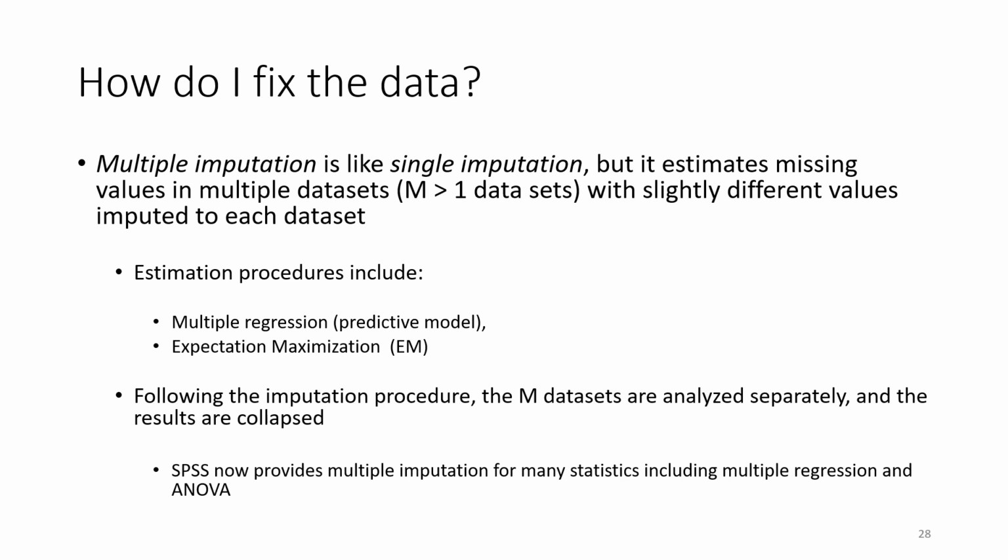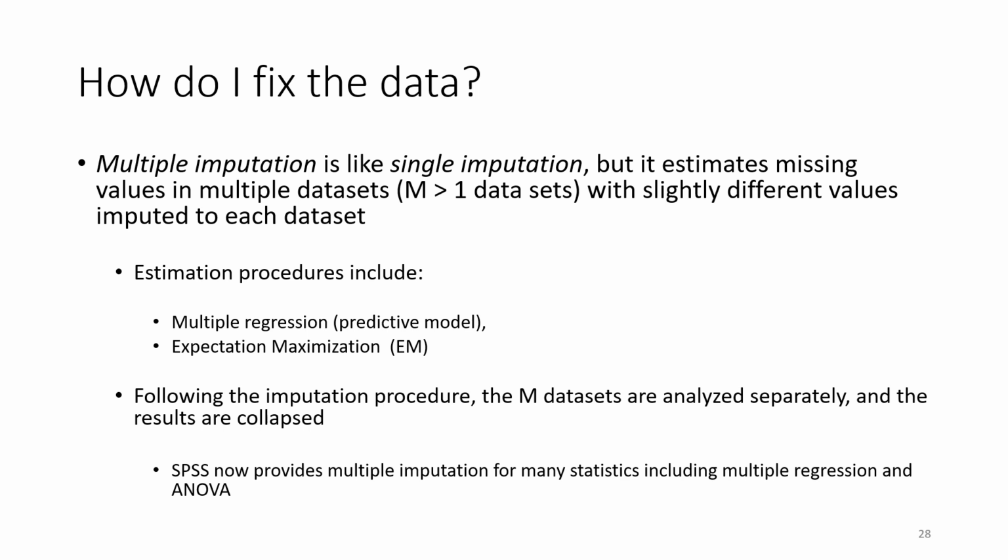Multiple imputation is like single imputation, but it estimates values in more than one data set. That is, it estimates values in M greater than one data sets. And it does this because each time it estimates a value for a missing data point, it does so with slightly different values imputed in each of the data sets.